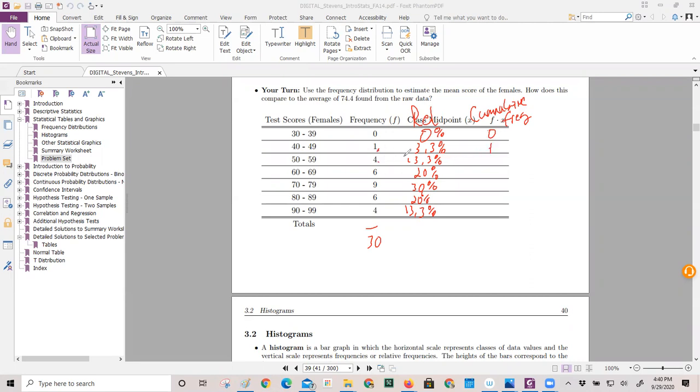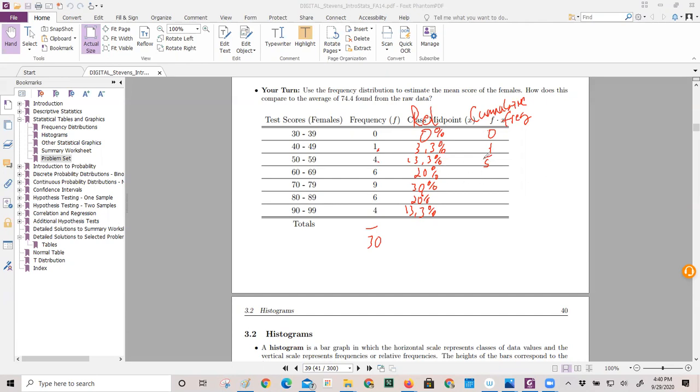And then plus 4, there'd be 5. So from the 30 to 39 class up to just under 60, there would be 5 of the 30 individuals.